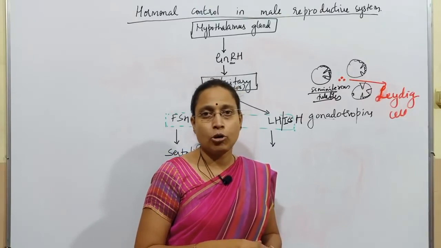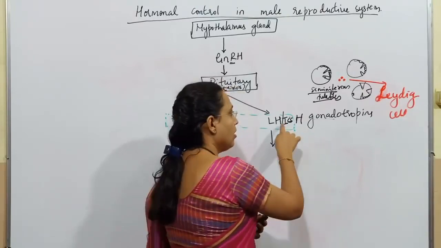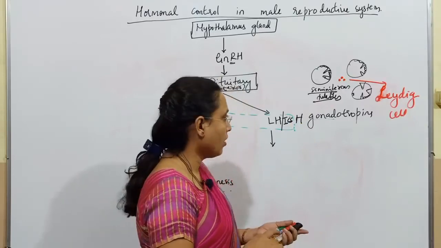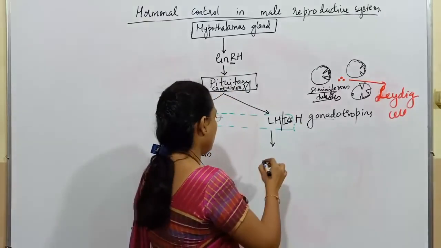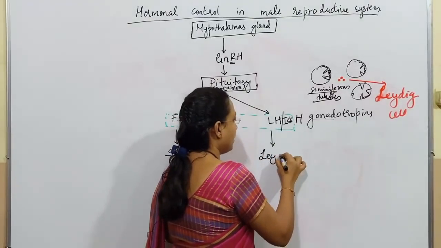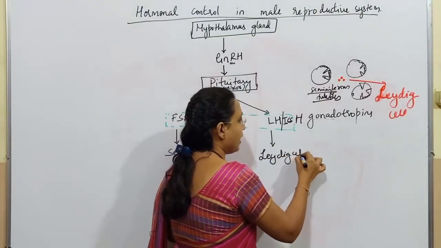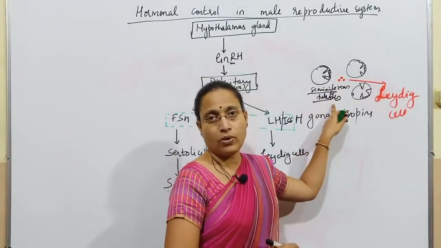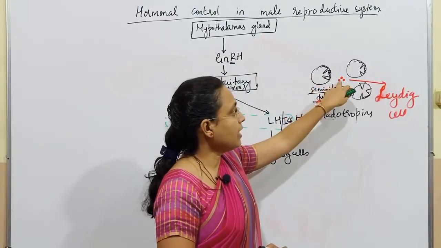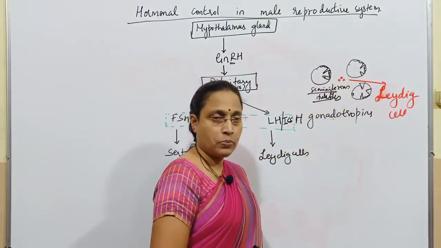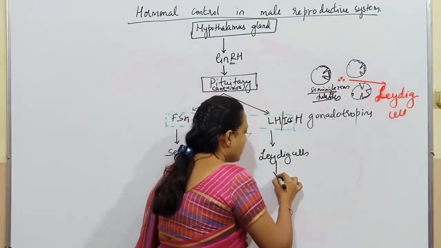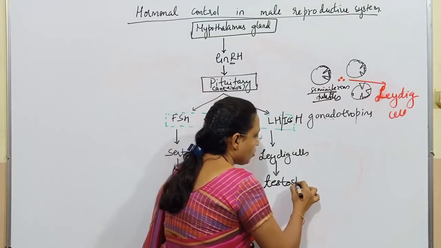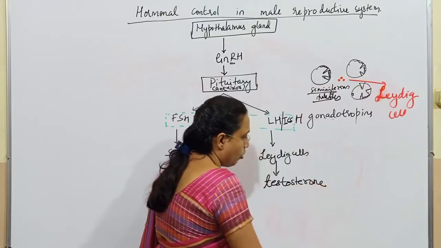In the female it is not called so. Only in the male it is called ICSH. So this hormone will stimulate Leydig cells, which are present outside the seminiferous tubule, that is in the interstitium. As a result, Leydig cells will start producing testosterone, a steroid hormone.